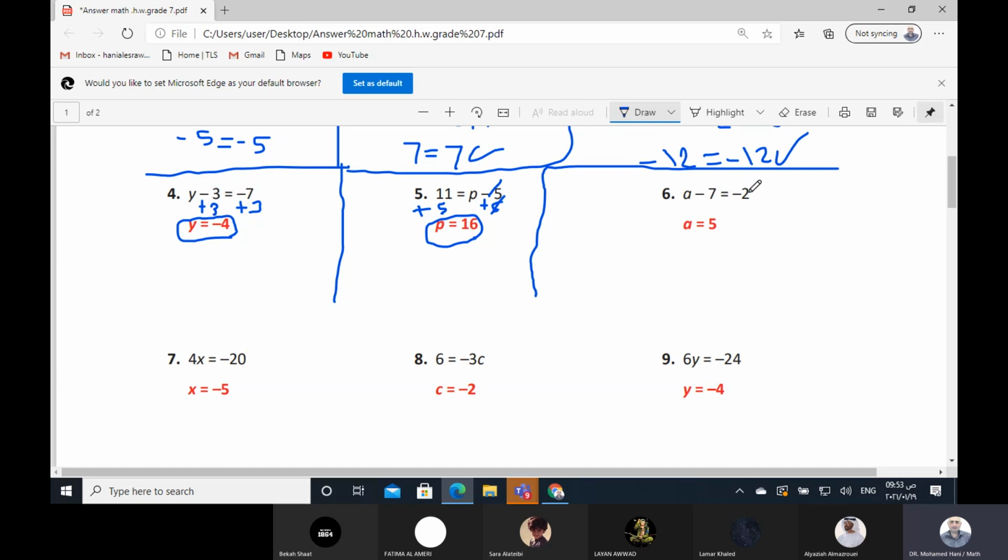Now here we have a minus 7 equals minus 2. The value of a will be 5. Why? Because add 7 to the two sides. Minus 7 plus 7 will be 0, remains a, and minus 2 plus 7 will be 5.